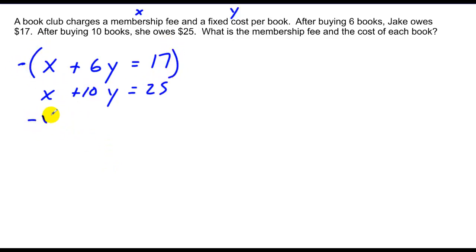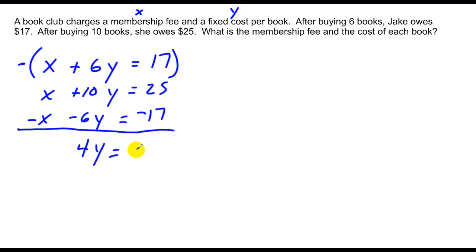In doing so, I have negative x minus 6y equals -17. Some of you might have been saying, can you use substitution? Sure, go ahead. I just chose to use this method. So now I add up and I get 4y is equal to 8. 2 equals y. So now I need to find my x, or my membership cost. I'll plug back in.